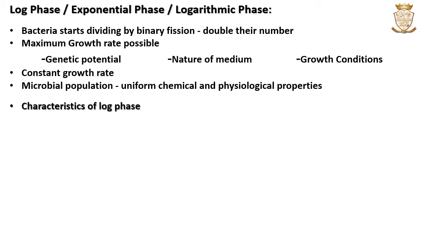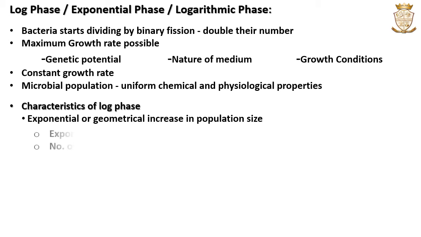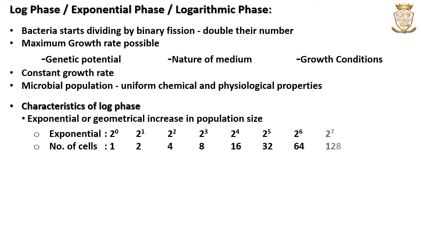Now let us discuss the characteristics of a log phase. We said during log phase, an exponential or geometrical increase in population size is occurring. There will be rapid multiplication and increase of cell numbers in a geometric or exponential manner. So, with each generation, the cells are multiplying in number.